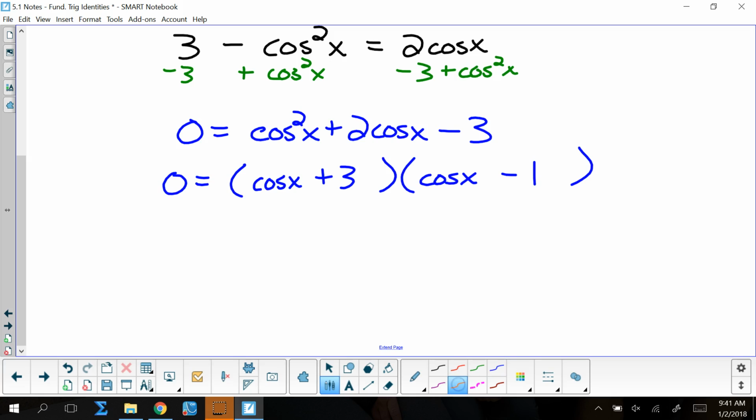Then I set my factors equal to 0. Then I solve those.